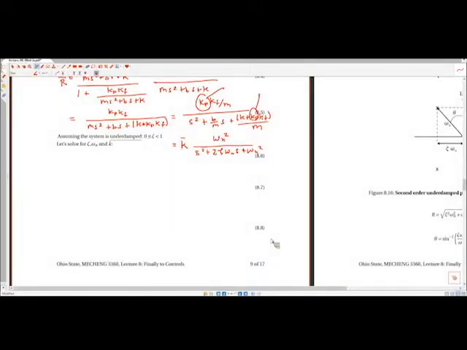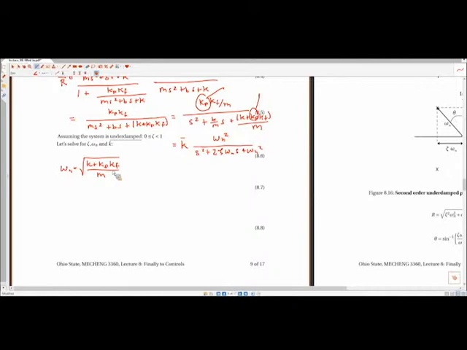The s to the 0 term is here, so k plus kp kf all over m is equal to the natural frequency squared. So the natural frequency is k plus kp kf all over m, and take the square root of it.